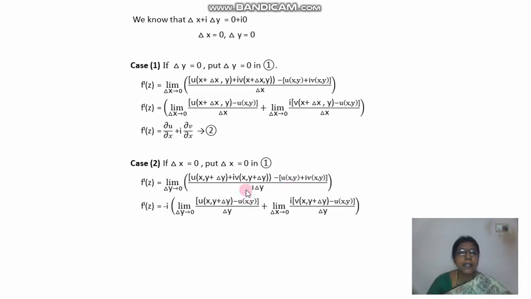Now you separate the terms, u terms and v terms as in the first case. Okay, here 1 by i is there. i into delta y means 1 by i. Okay ma, here you remember how can we write 1 by i?